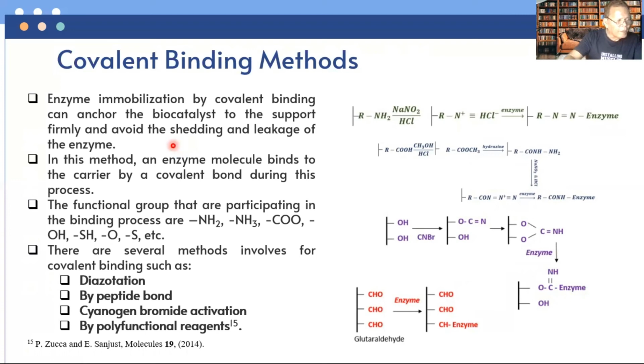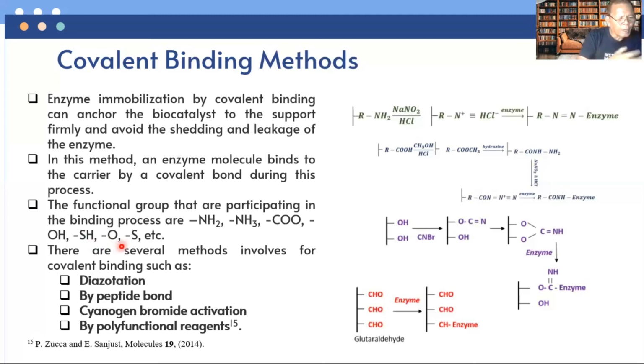In this manner, an enzyme molecule binds to the carrier by a covalent bond. The functional groups that participate in the binding process are NH2, NH3, carboxyl, hydroxyl, sulfur, oxygen, etc.